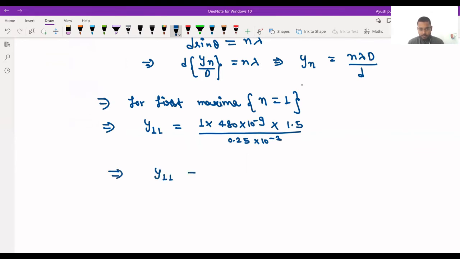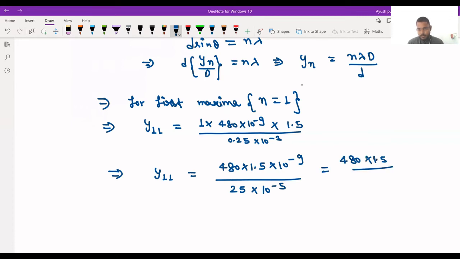So y11 will be equal to 480 into 1.5 into 10 to the power minus 9 divided by, now I am just taking this point here, so I can write this as 25 into 10 to the power minus 5. So this will come out to be 480 into 1.5 divided by 25 into 10 to the power minus 4.